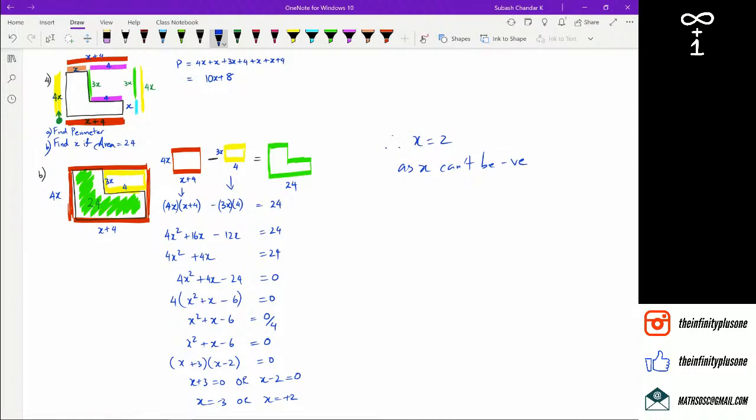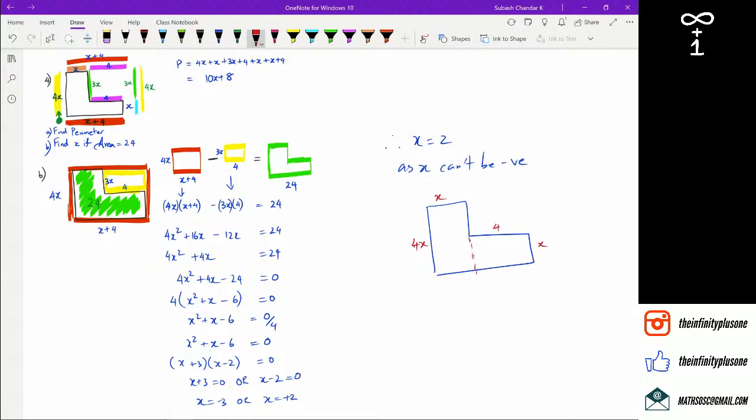Now, the splitting the L shape method, as the other guys were talking about. If you are going to cut the L shape into two, we're lucky because we have all of our sides. I think we had 4x here, x here, this one was 4, and this one was x.